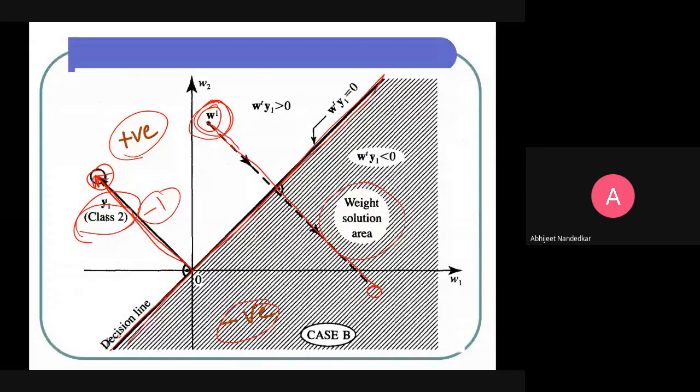So again, this path is the gradient path, but in the opposite direction. The gradient of W transpose Y1 is this direction, but you are traveling in the opposite direction, so it is the negative gradient of W transpose Y. So this is positive and this is negative.